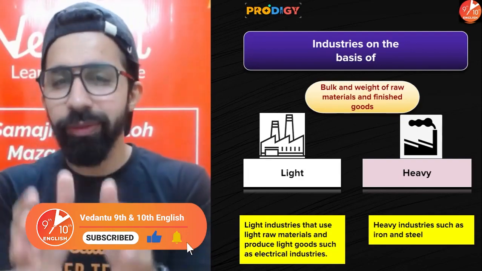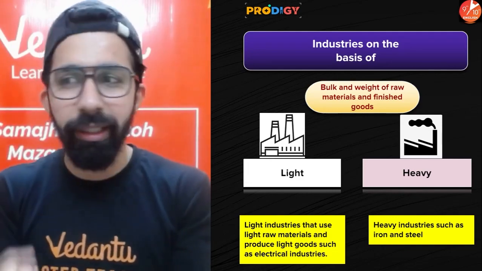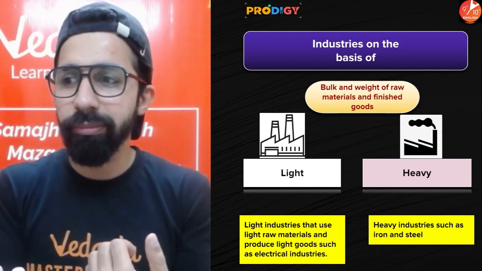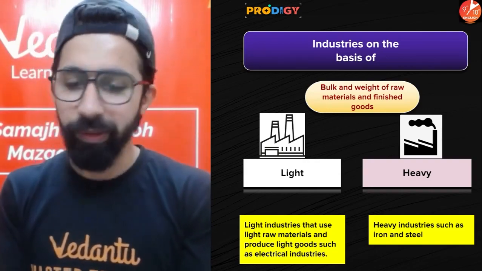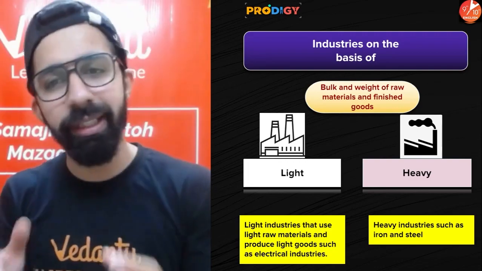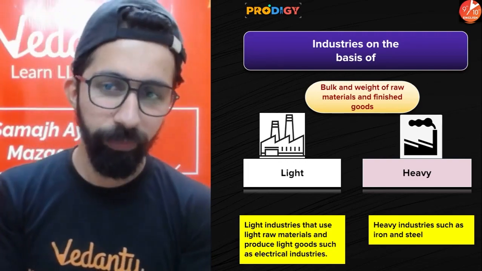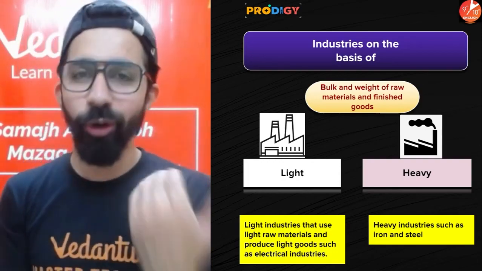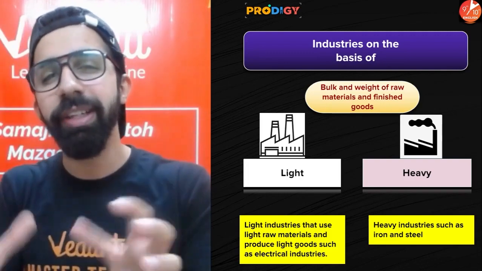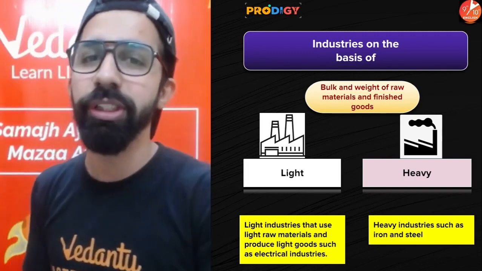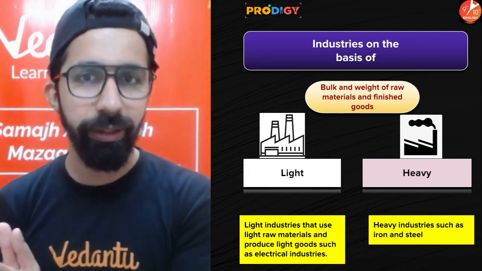If we talk about the textile industry, the raw material is very light and the finished product is very light, so it comes under light industry. Here we have the electrical industry also. On the other hand, in heavy industry, the raw material as well as the final product is very heavy and bulky, like the products coming from the iron and steel industry, which come under heavy industries.